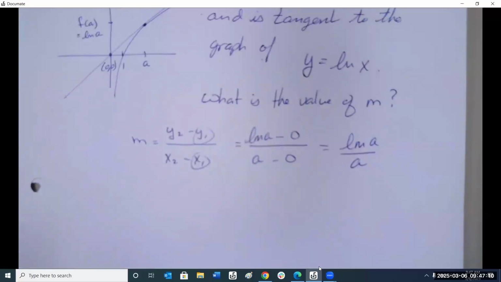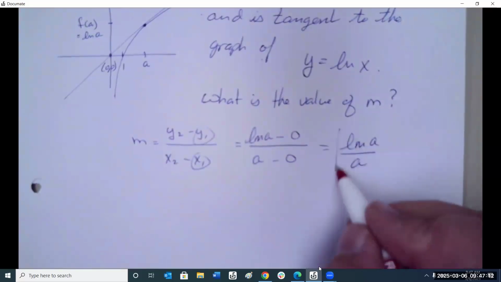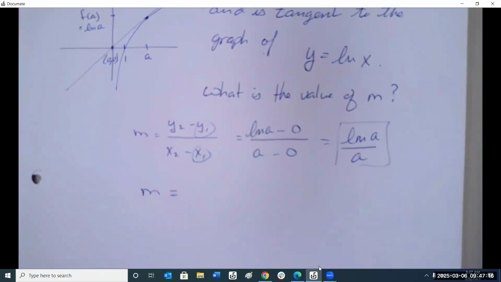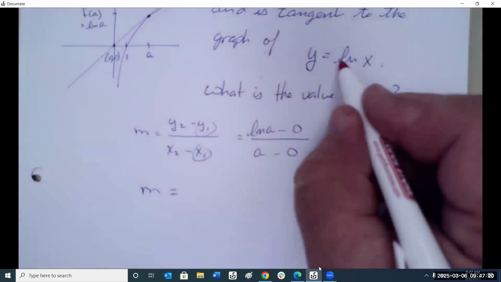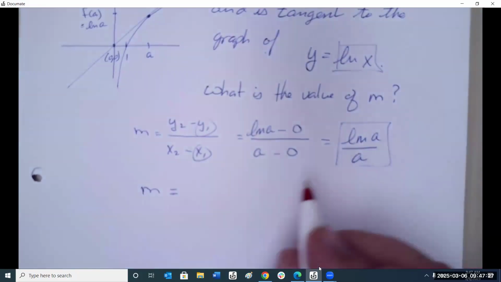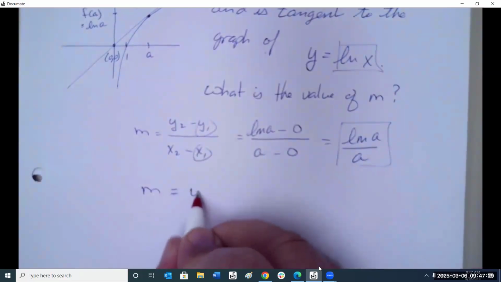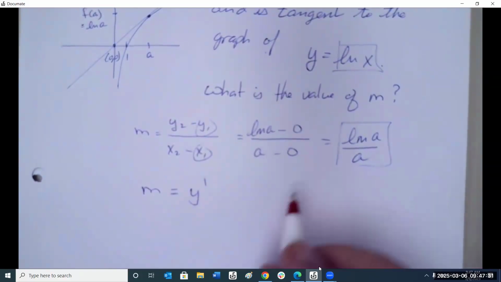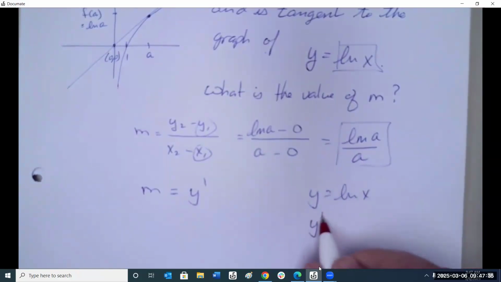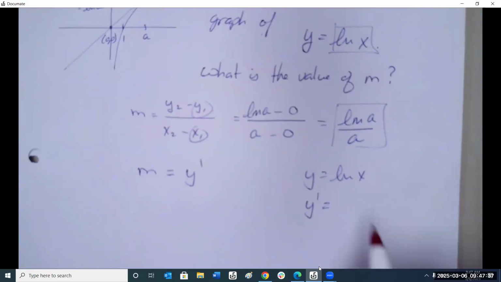So far, so good? So we know that's the slope. What's the derivative of ln at A? Because the slope is the same thing as y prime. If y is the ln of x, what is y prime? 1 over x.